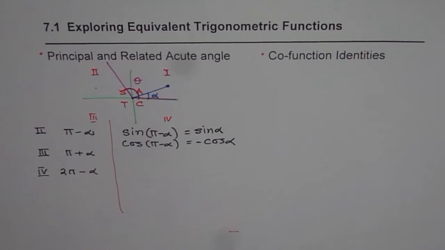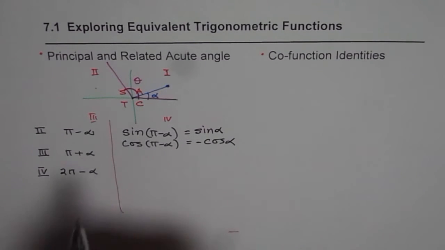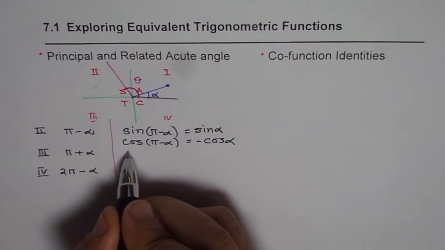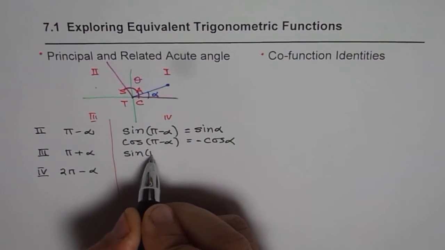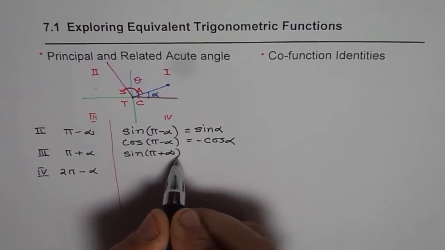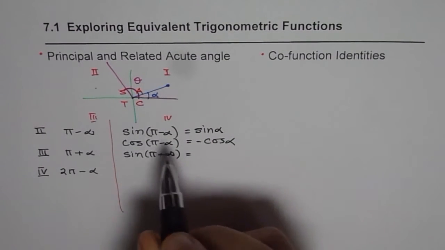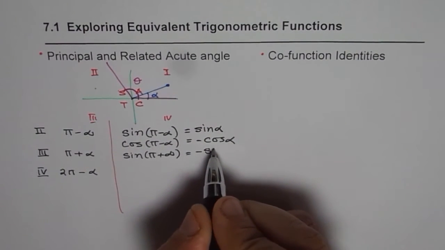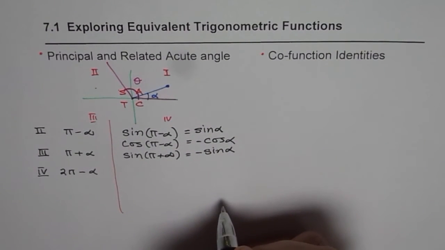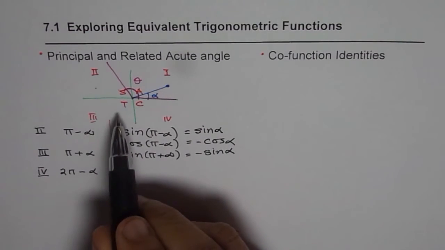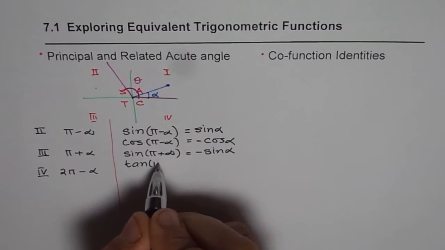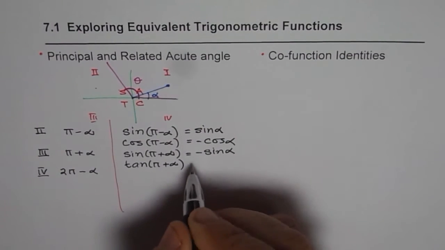I hope you get the point. Now, let's move forward. If we have something in quadrant 3, then it could be written as sine of pi plus alpha. Since sine is negative here, we have to write it as negative sine of alpha, right? But if we are talking about tan, so let us say tan of pi plus alpha should be what?